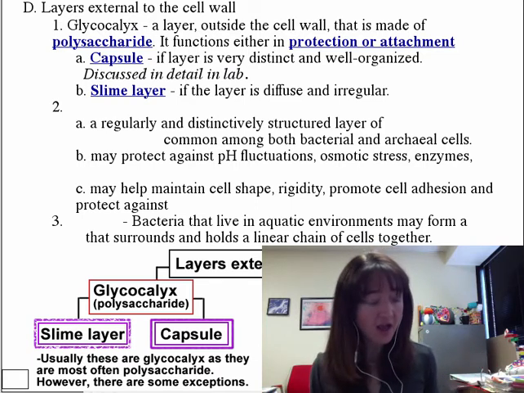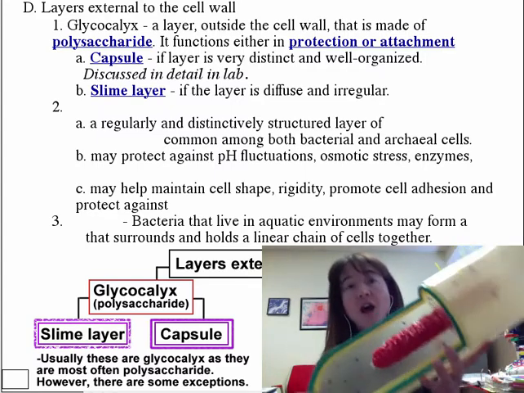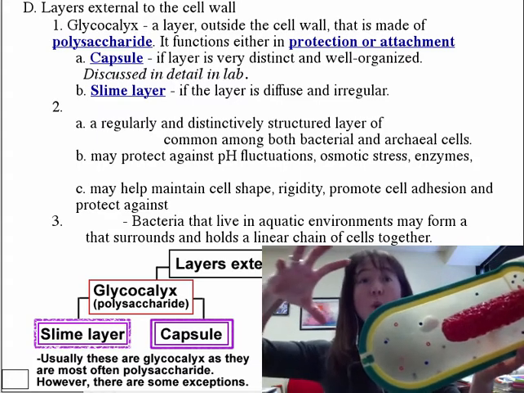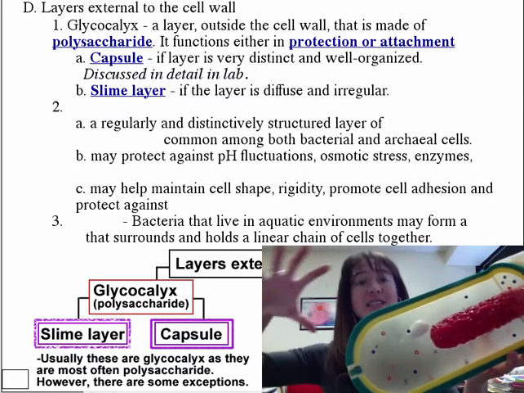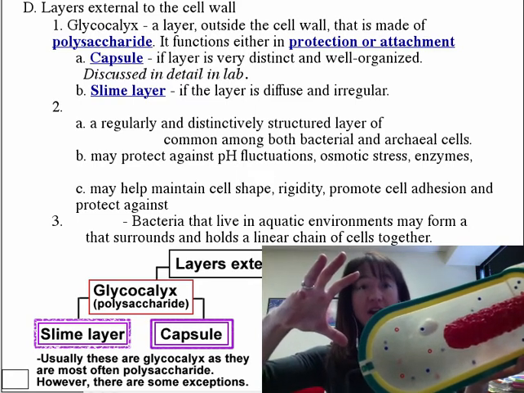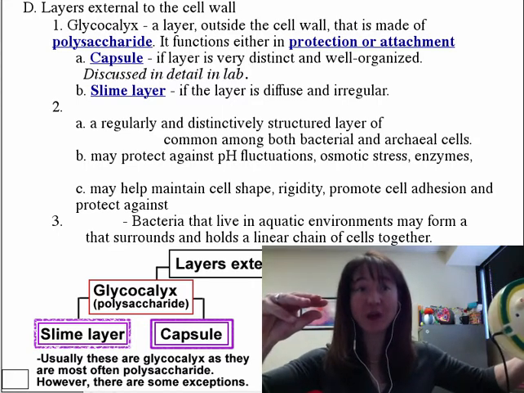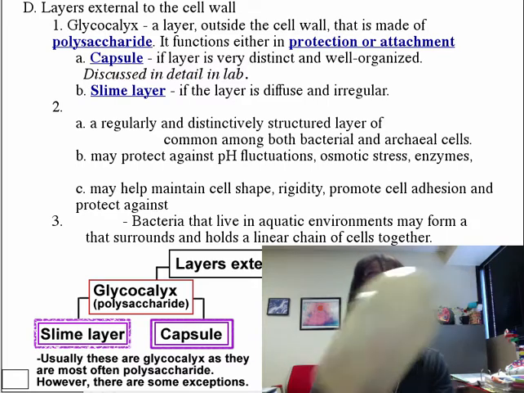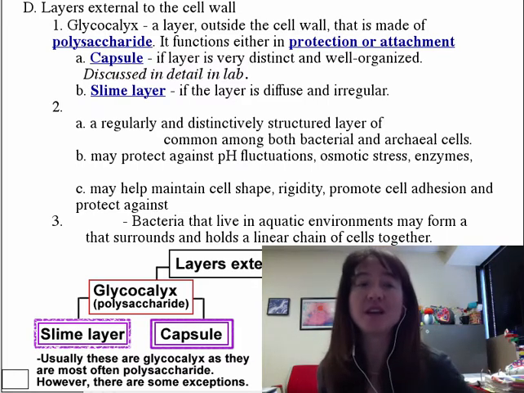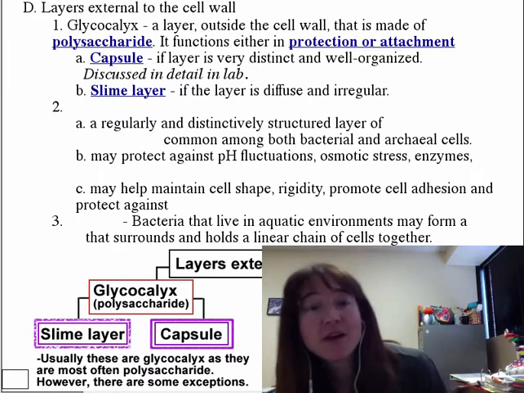So picture this: if our bacterial cell here, Herbert or something, is trying to get away from an engulfing white blood cell, this white blood cell trying to come in and grab it. If it has an outer slick layer, a capsule, it's going to slip away from that phagocytic white blood cell. So it's going to be a slippery little sucker and get away from a phagocytosing white blood cell. Slime layers can have some of those same effects.